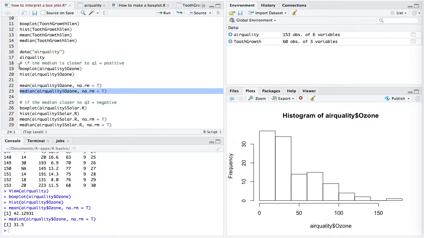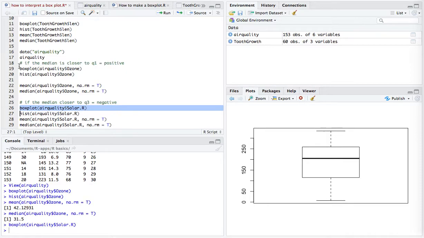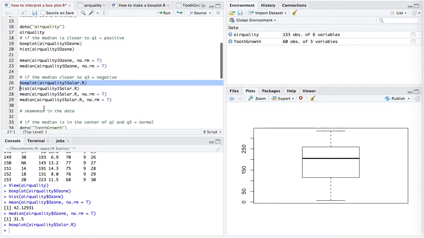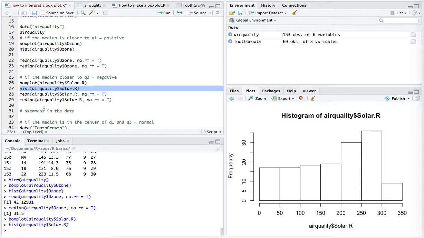Now there's a third possibility, which we are going to explore by making a box plot for the Solar.R variable in the airquality data set. Here the median is closer to the upper edge of the box, and this reflects that the data set is negatively skewed. If I draw it, you will see that the bulk of the values are towards the extreme end of the histogram.